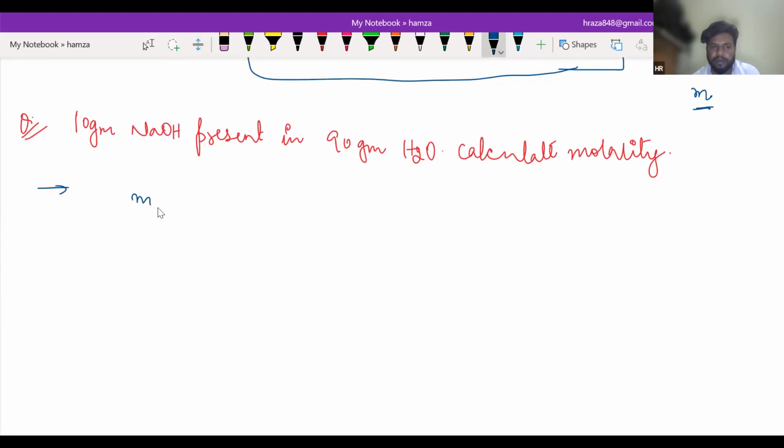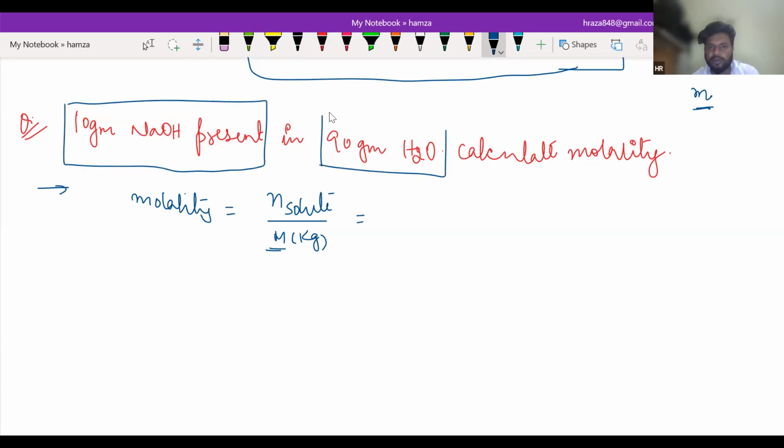We need to calculate molality. So this is basically number of moles of solute upon mass of solvent in kg. This is understood. Now see, solute is given and solvent is also given. So this is given mass upon molar mass, upon mass of solvent, which is 90, and for kg we are going to divide it by 1000. So we simplify it: 1000 divided by 90.